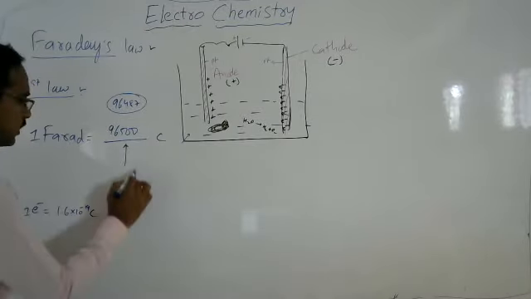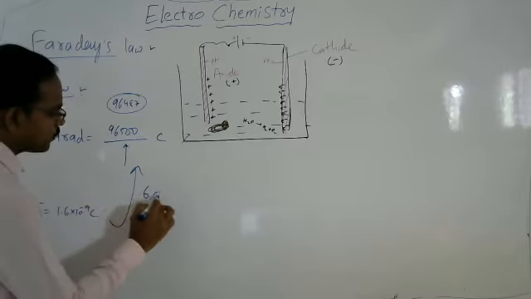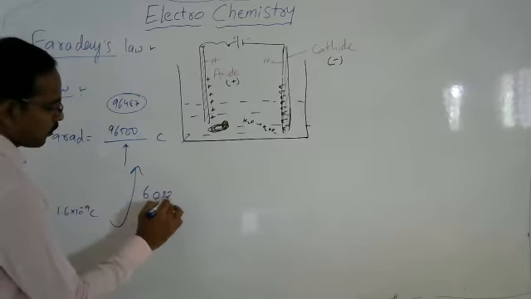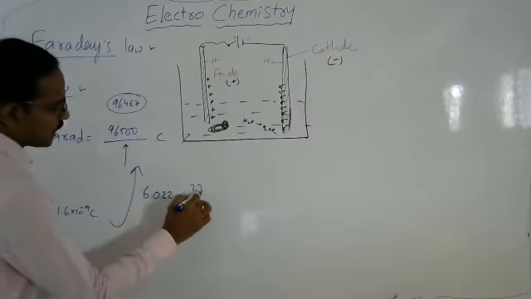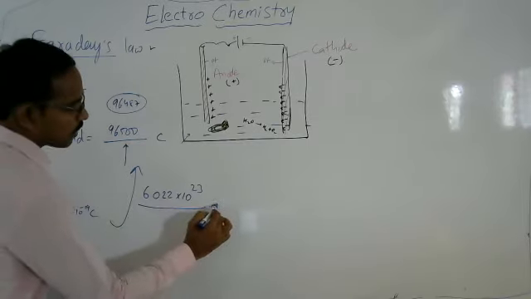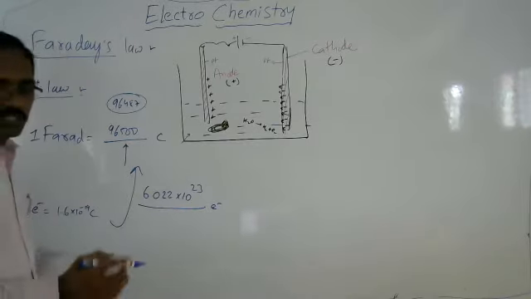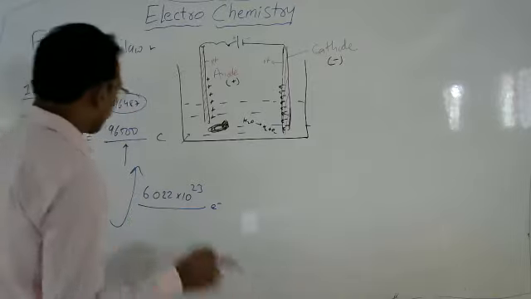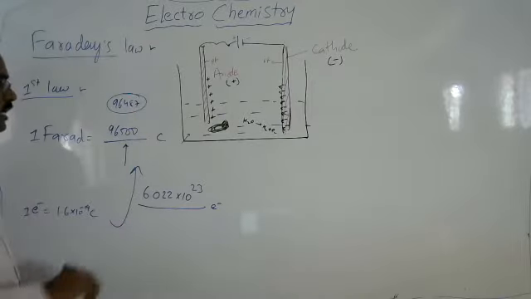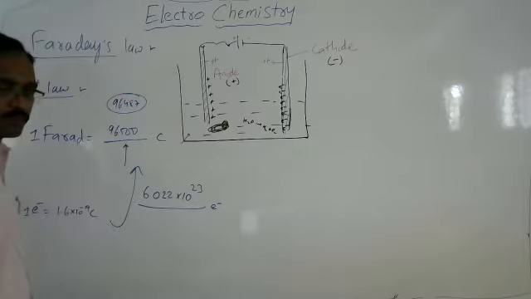Little correction: 6.022 into 10 power 23 electrons have charge equal to 96,500, that equals 1 farad.